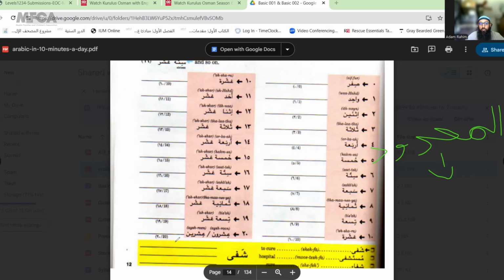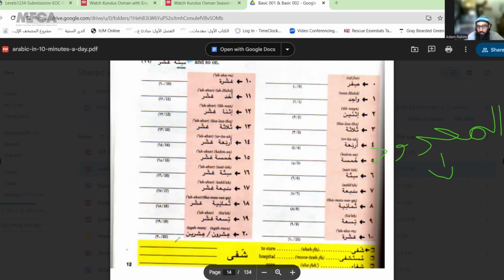So for example, you would say qara'tu kitabaini. What does that mean? Qara'tu kitabaini, anyone? Sister Bushra, Brother Colin?